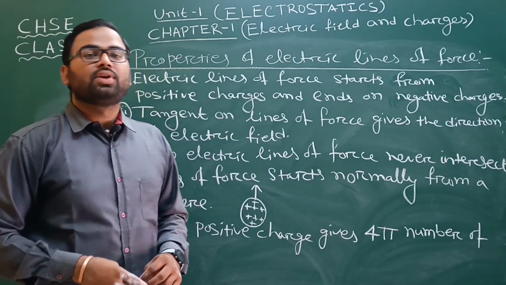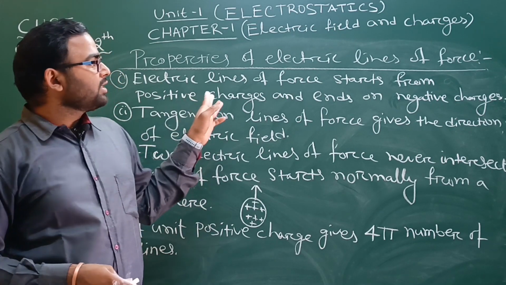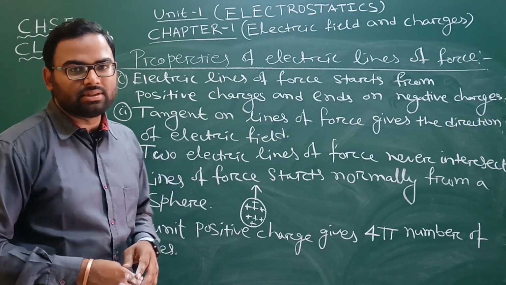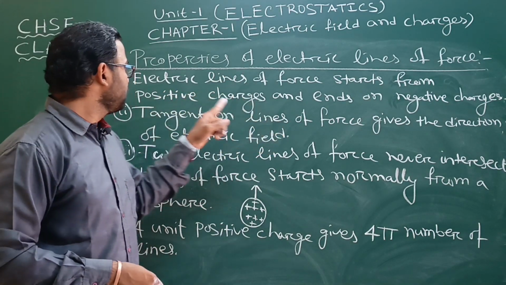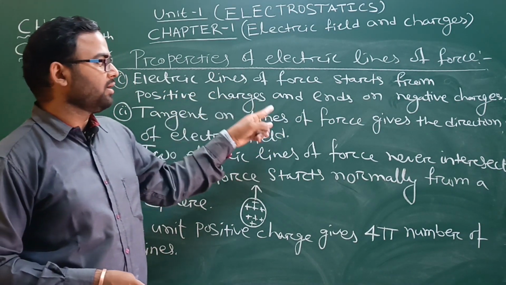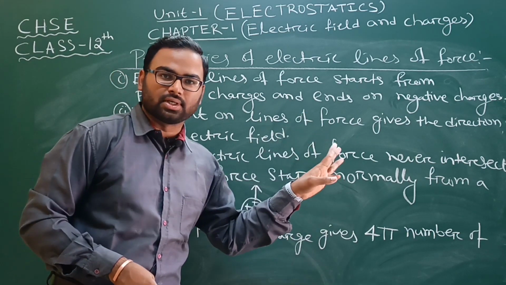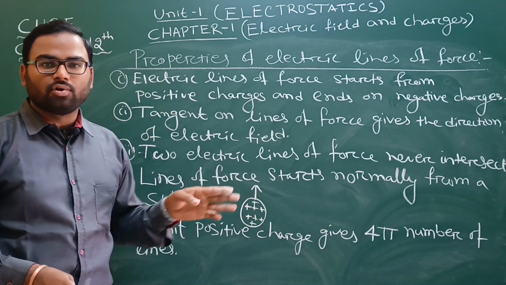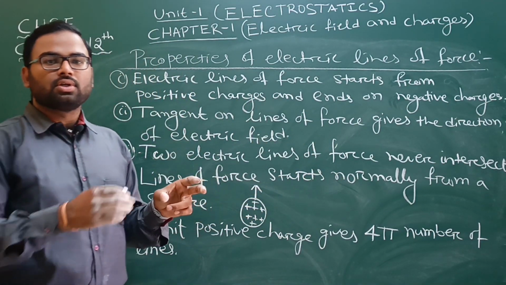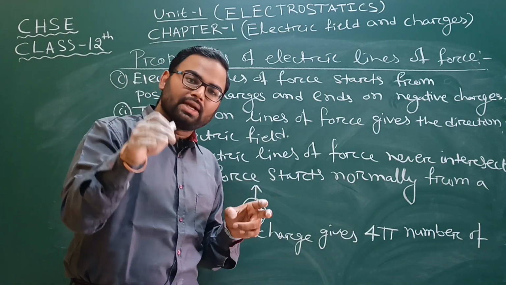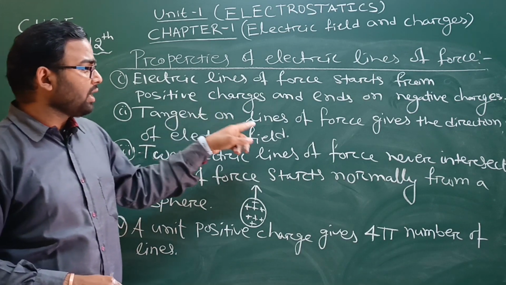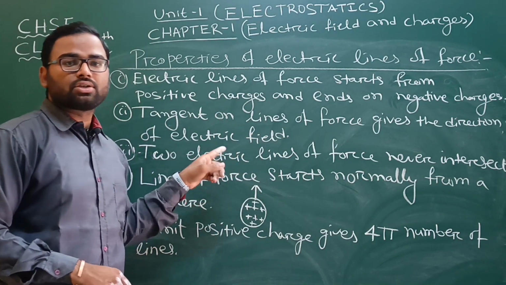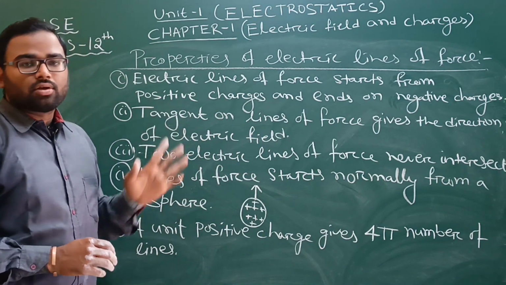Now we will discuss some properties of electric lines of force. Electric lines of force start from positive charges and end on negative charges. We have seen in the diagram. Tangent on lines of force gives the direction of the electric field.